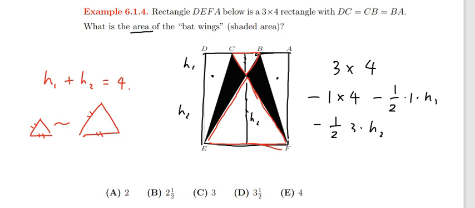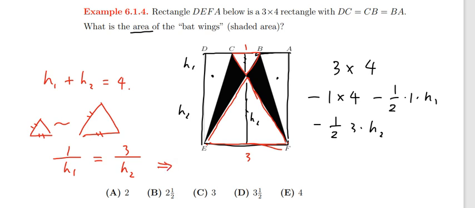So we have 1 over h1 equals 3 over h2, where 1 is this side. From here we can find h1 and h2.